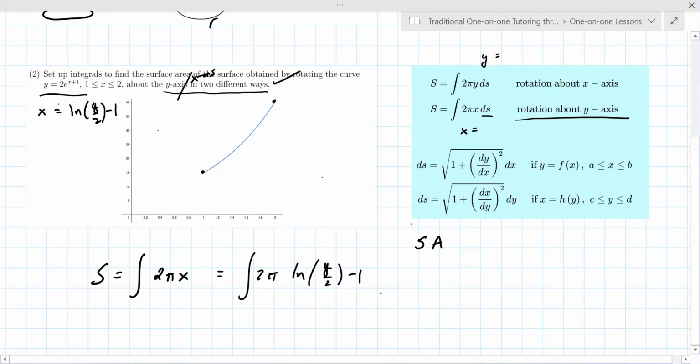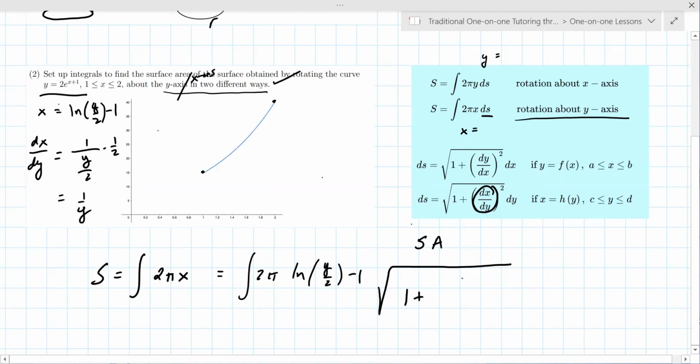So it's times the square root of 1 plus, and then we have to figure out this dx dy. We have to take a derivative of this. The derivative dx dy is 1 over y over 2 times 1/2, so it ends up just being 1 over y. So 1 over y squared.